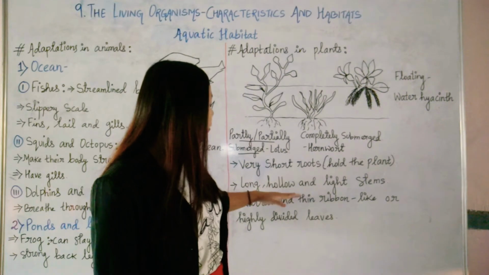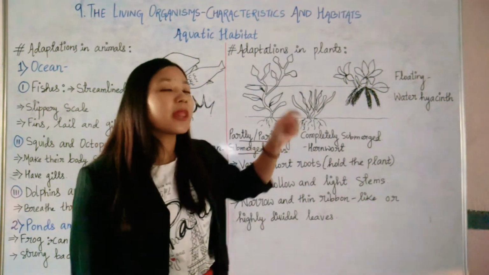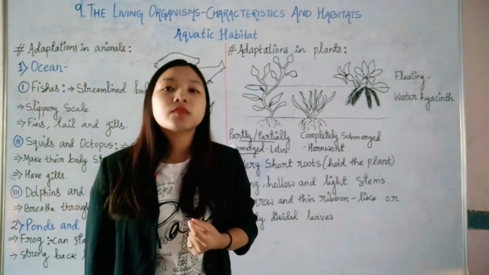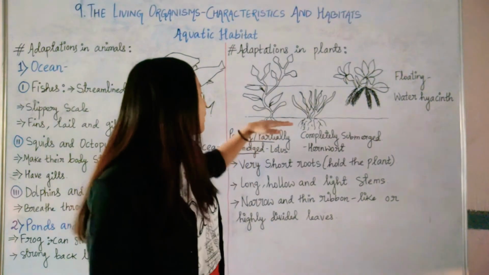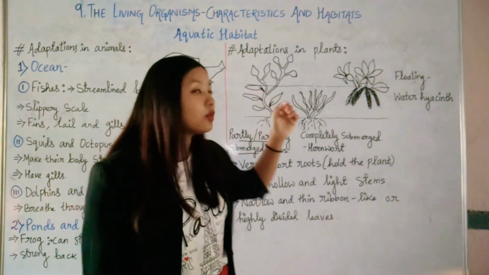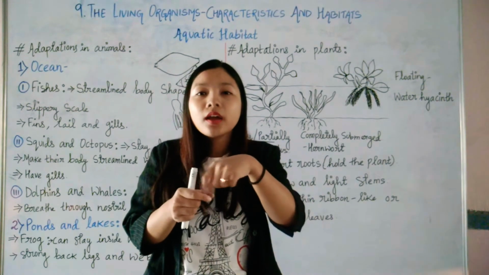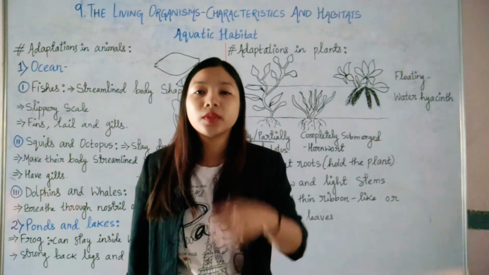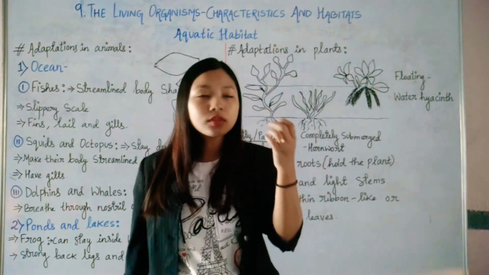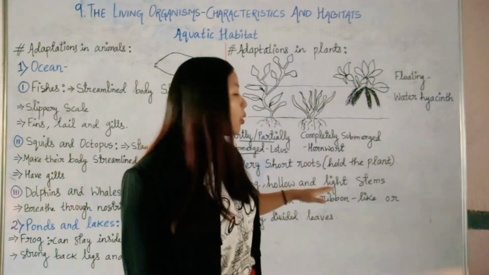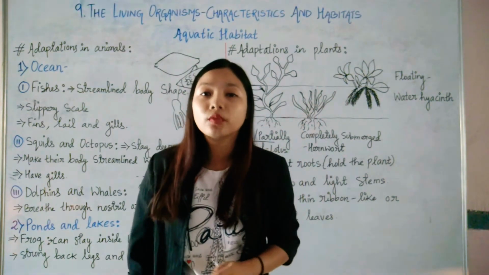Next is long, hollow and light stems. You see the stem of the lotus plant. They are thin, very long and also very light. They are hollow inside. Hollow means they have empty space inside them. They are not completely filled. They are empty inside, so that these long, hollow and light stems can easily bend along with the flow of the water.